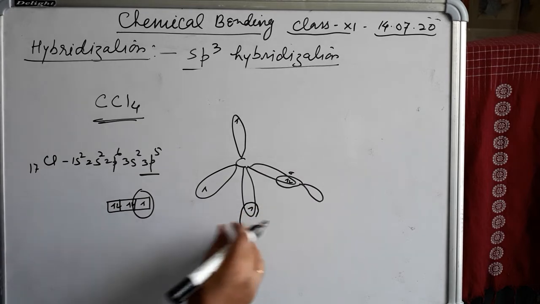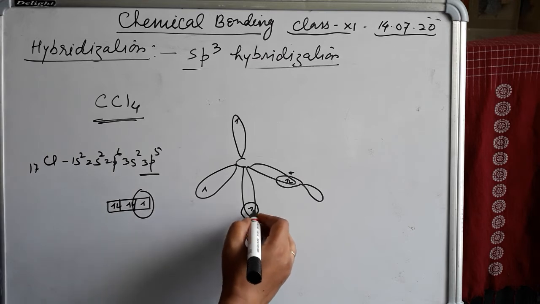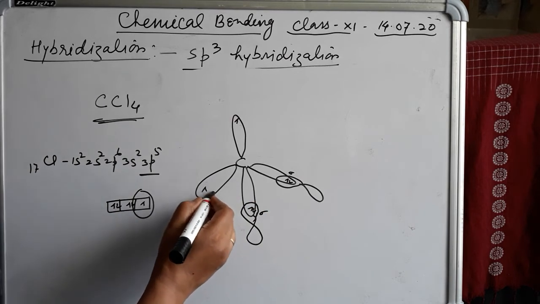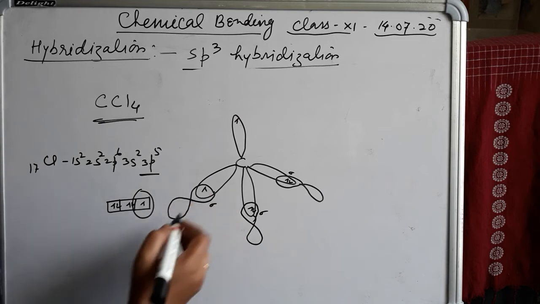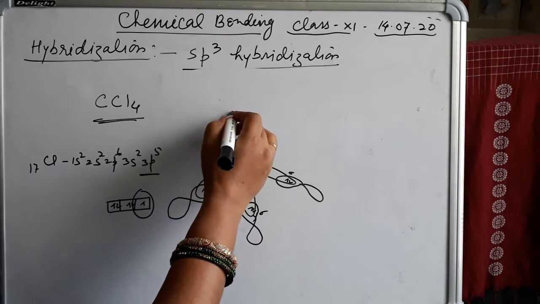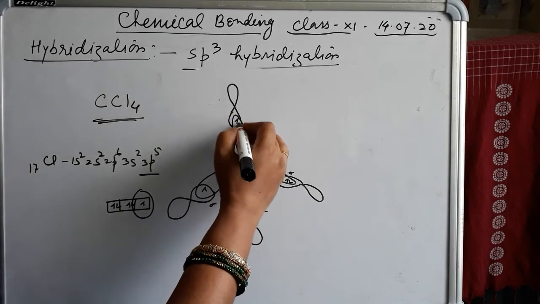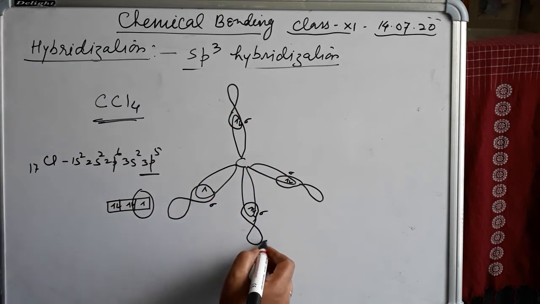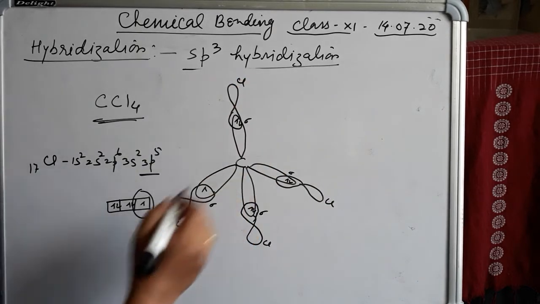Here also the nature of the bond will be sigma, here a sigma bond, and here also sigma bonds. So this is chlorine and this is carbon.